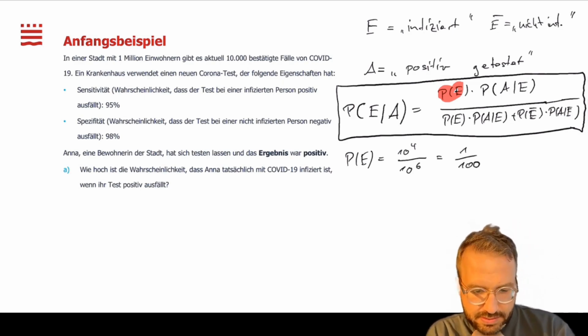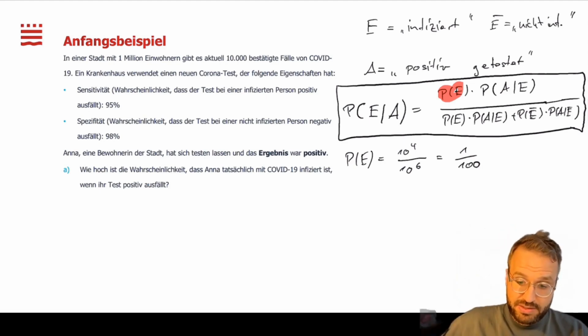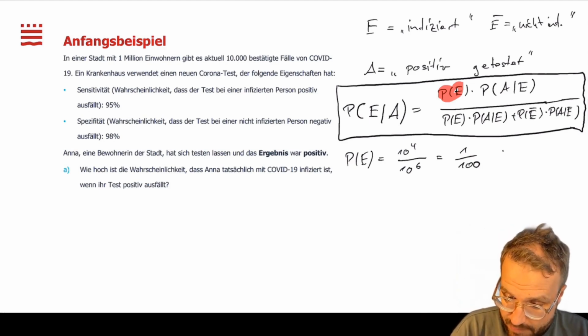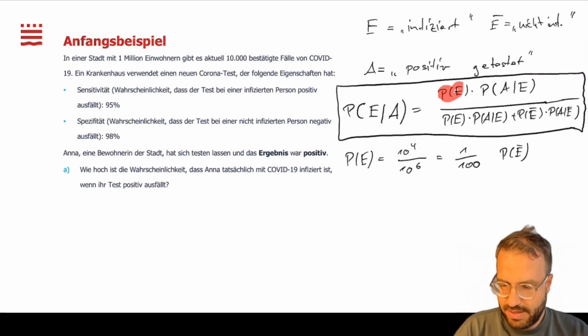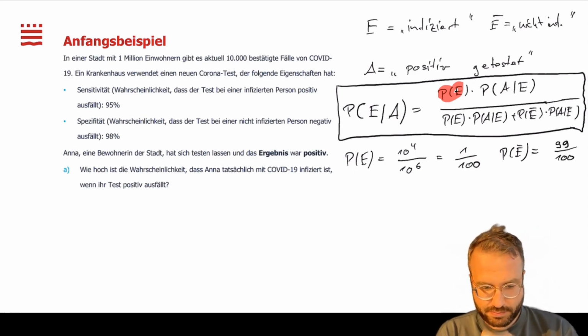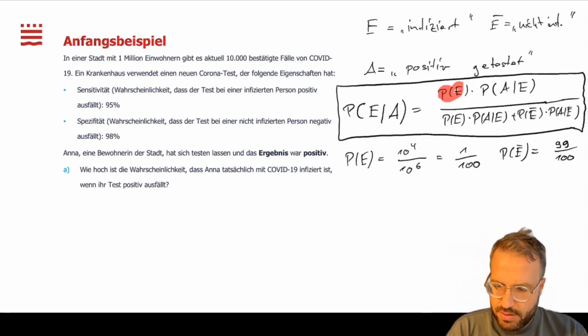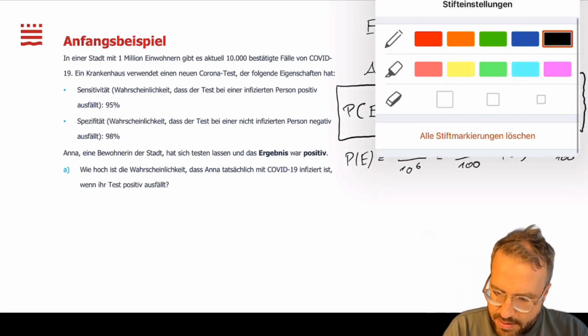Every 100th person is infected, thus every 100th is positive. At the same time, we know that the probability of not being infected, P of not E, is 99 out of 100, which is the complement event. Together they add up to one. That's good. That means we know this.